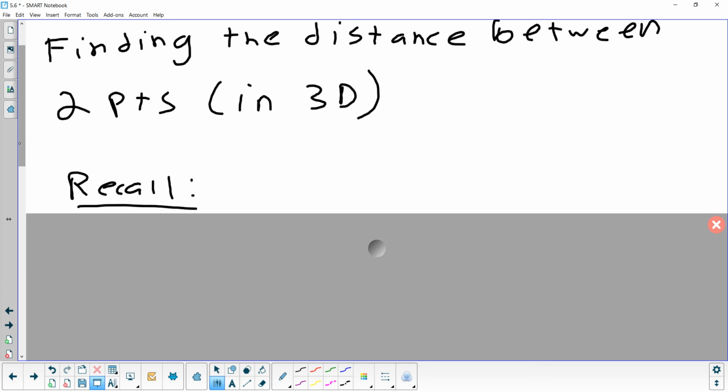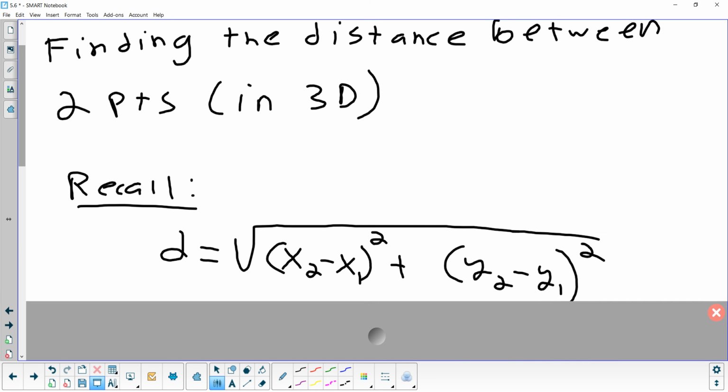For 2D, this is one of the very first things we covered, the very first day of class: how to find the distance between 2 points. It was the square root of the difference between the x values squared plus the difference between the y values squared. And we showed that that's really just the Pythagorean theorem.